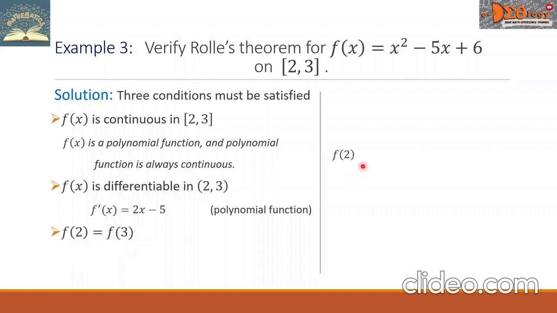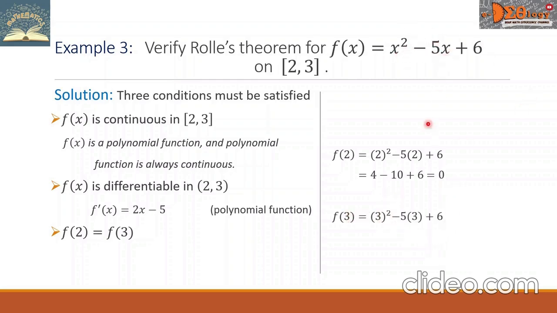Let us see the f of 2. Let us evaluate the function with respect to the value 2. So this function becomes 2 squared minus 5 times 2 plus 6. 2 squared is 4. Negative 5 times 2 is negative 10. Then plus 6. Total number here is 0. Then f of 3. This function now becomes like this.